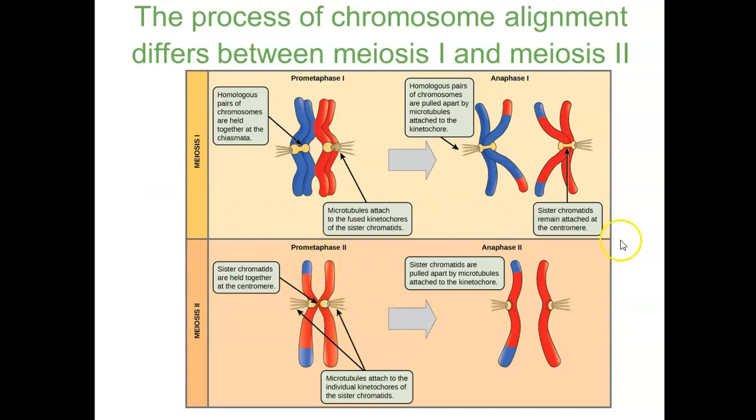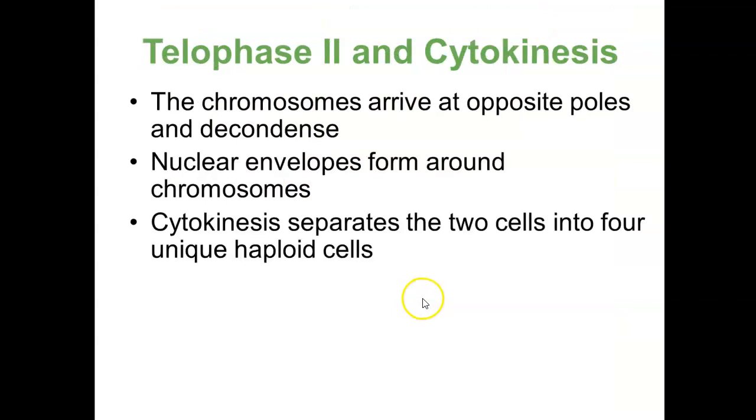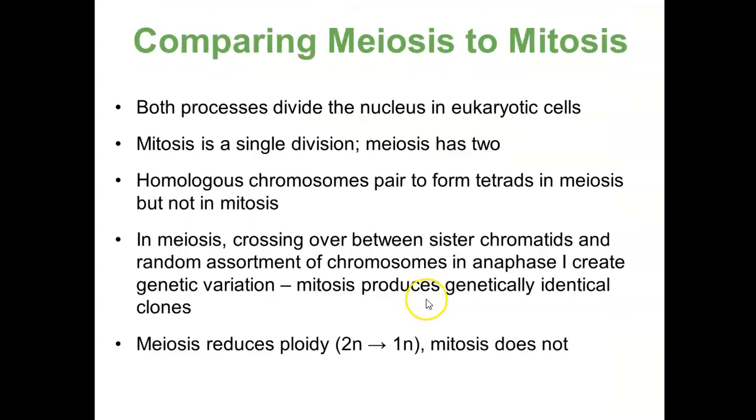This is meiosis 2 right here. Metaphase 2 over here, anaphase 2 over here, and this is metaphase and anaphase 1. All right, I think I've said all of this, so I won't redo it again right here. But you can go back and listen or read this material.